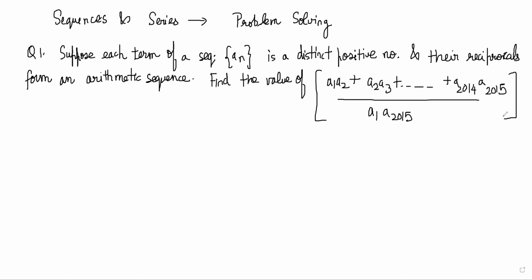Okay, so we know here that the reciprocals of the sequence form an arithmetic sequence. So this is an AP.